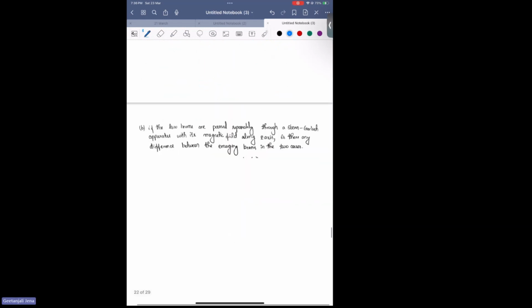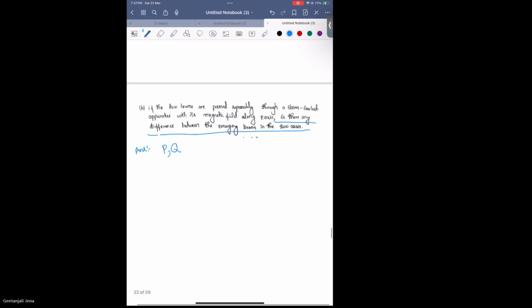Now, the second question. It is given that the two beams, beam P and beam Q, are passed separately through a Stern-Gerlach apparatus with its magnetic field along the z-axis. Is there any difference between the emerging beams in the two cases?